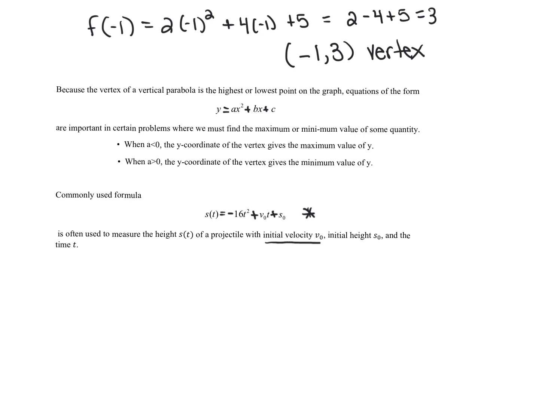The initial velocity is v naught plus s naught, which is the initial height, and t is time. This negative 16, if you are taking physics, it's actually negative 1/2 g, where g is the force of gravity. Gravity in feet is 32 feet per second times the negative 1/2, which is where the negative 16 comes from.